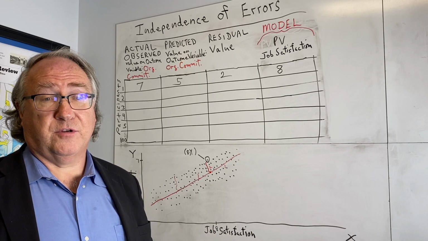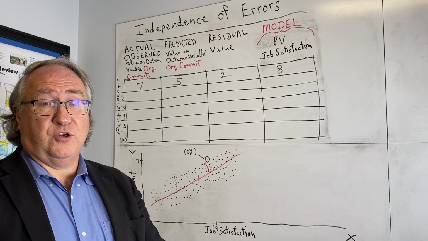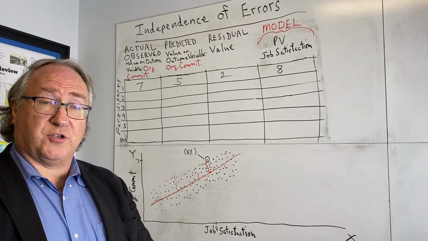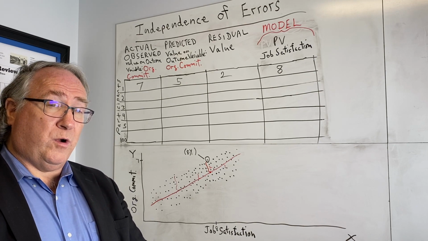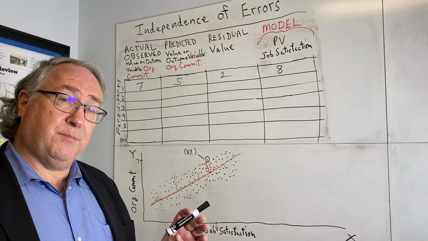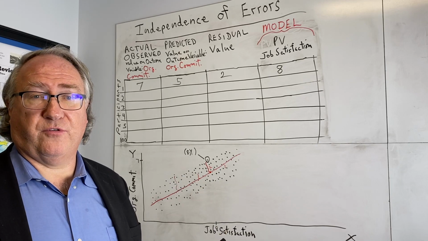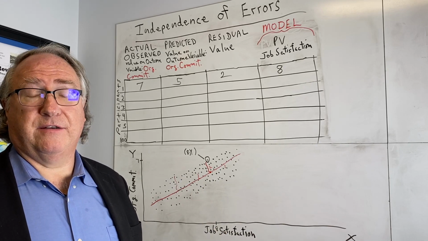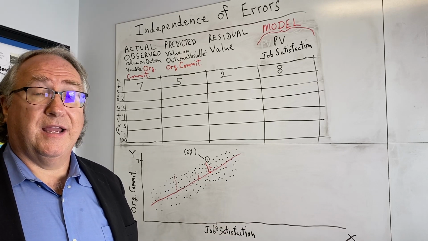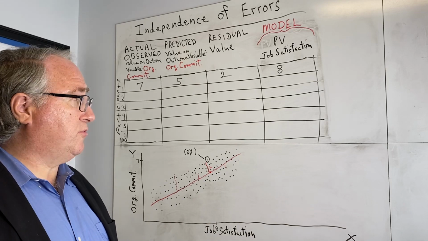Our other assumptions, in one way or another, can usually be cleaned up if they're not met. There are several assumptions in regression, but if they're not met, we can usually clean it up and we're okay. But here, the independence of errors assumption is a critical assumption for regression. We need to meet it if we're going to be using just ordinary, everyday, standard multiple regression. We must meet the independence of errors assumption.